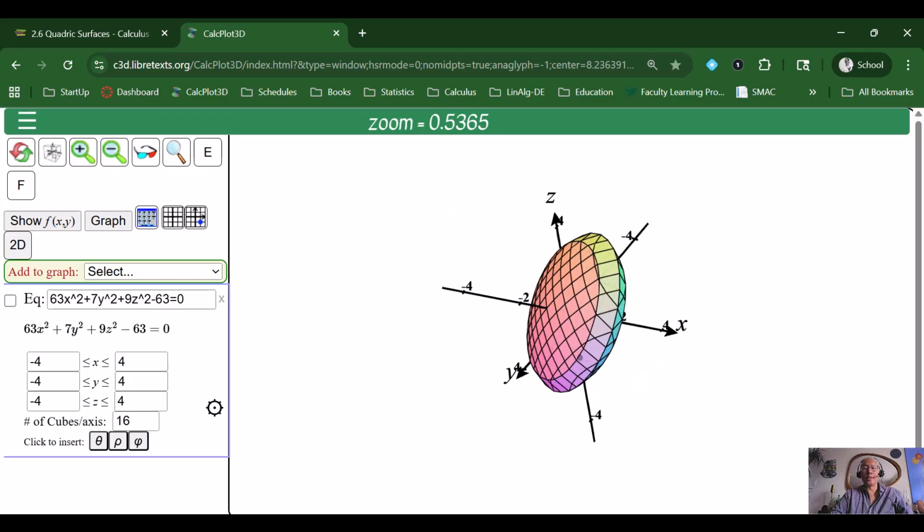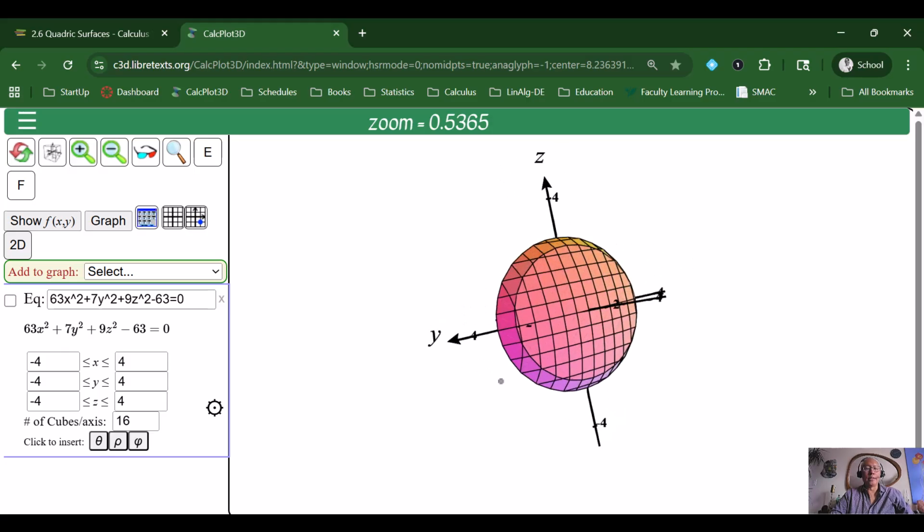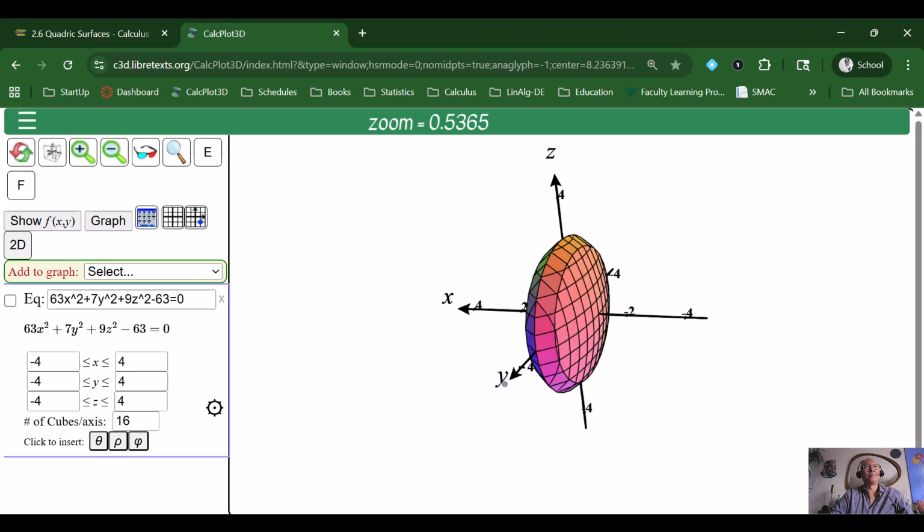Now because of the nature of how this is being graphed, if we want to make it smoother, we have to have more cuts. Here is the number of cubes per axis. It's the number of measurements that they do when they draw these things out.